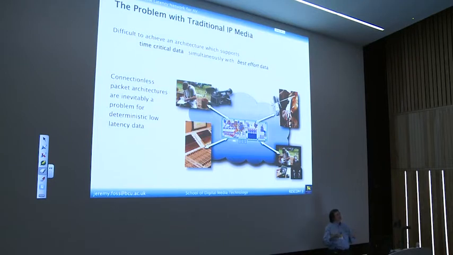Best effort is the way in which the network will try and deal with data in a non-prioritized way. So basically, if you throw an email into the network, you don't mind if that email gets through in half a second's time or even in 2 seconds' time. With time-critical data like media, that half or 2 seconds, of course, is an eternity.